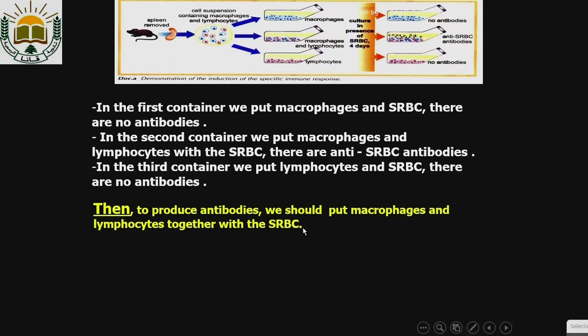So if you want to deduce, first put the analysis, then put the generalization in the form of then. Then, to produce anti-SRBC antibodies, we should put macrophages and lymphocytes together with the SRBC. This is what we understood from all these three experiments. This is what we name generalization.